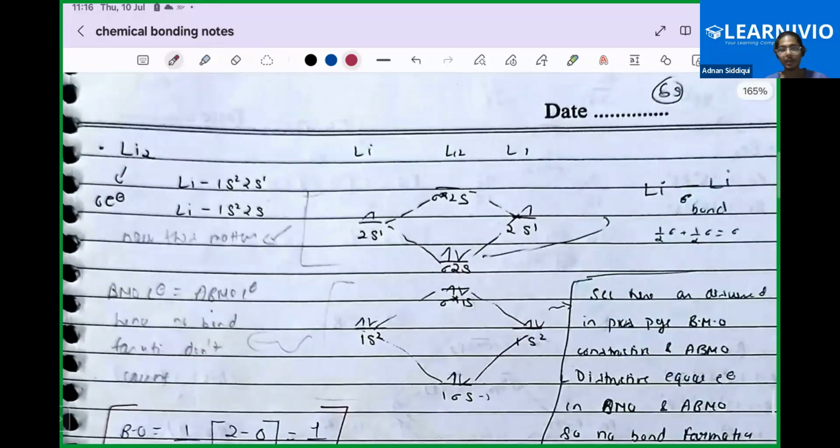Which molecular orbital has no electrons? In lithium? Yeah, this whole thing. No electron.